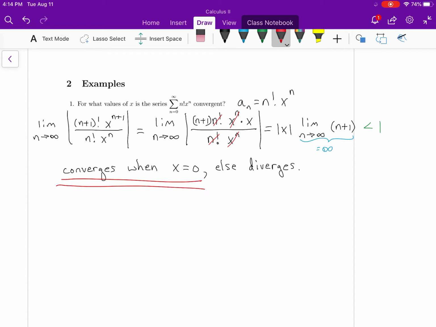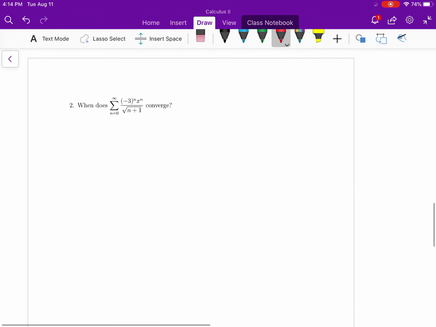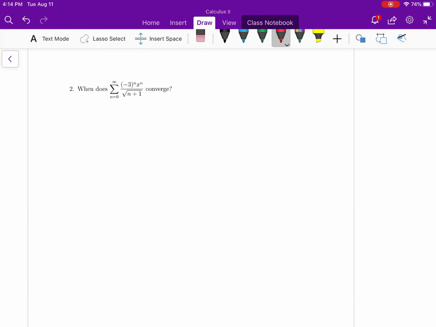Let's look at another example. And in this case, we want to know when this series converges. And so we go through the same process.